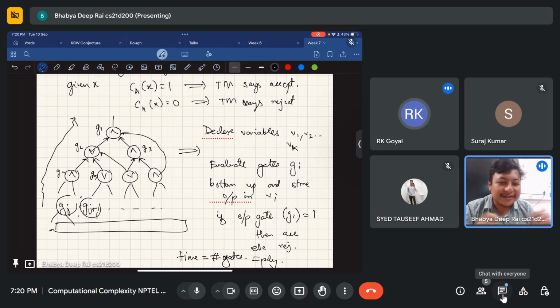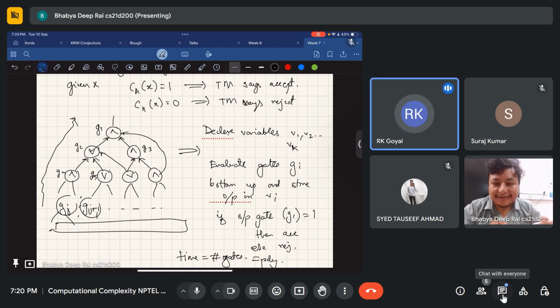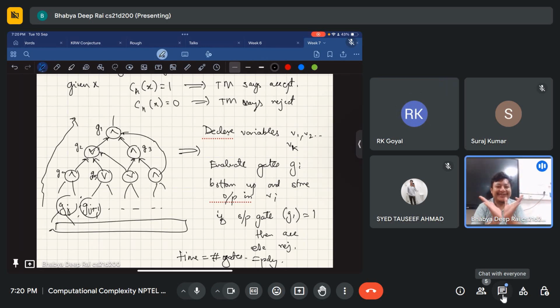The width is the number of gates in the largest layer of the circuit. Since it is layered, the bottom gates will never appear again, so I can reuse that space. So what does space correspond to in a layered circuit? Your circuit may look like it goes from small to big and then small again.